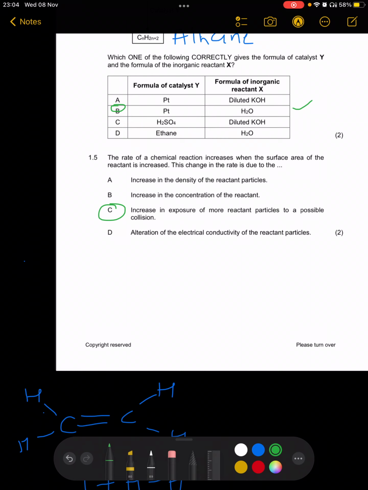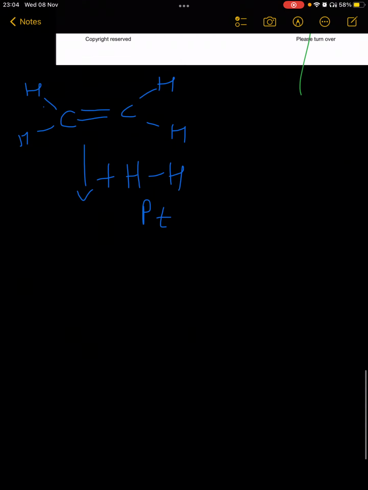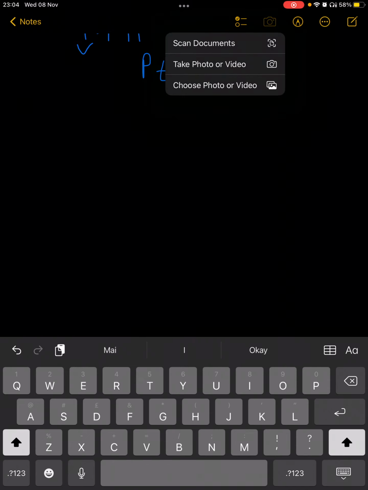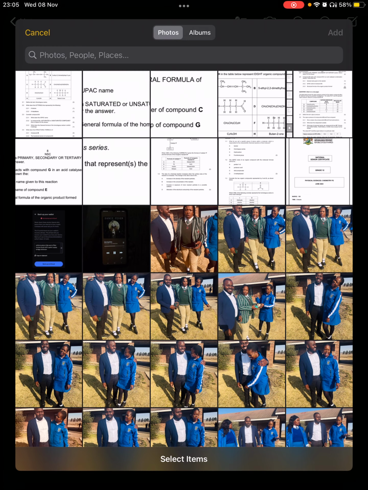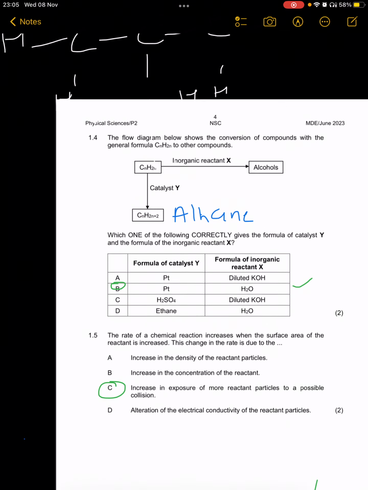Okay, now let's move on to our question 2, which is a little bit long. The whole of question 2 looks like this. This attachment is going to be the end of me.